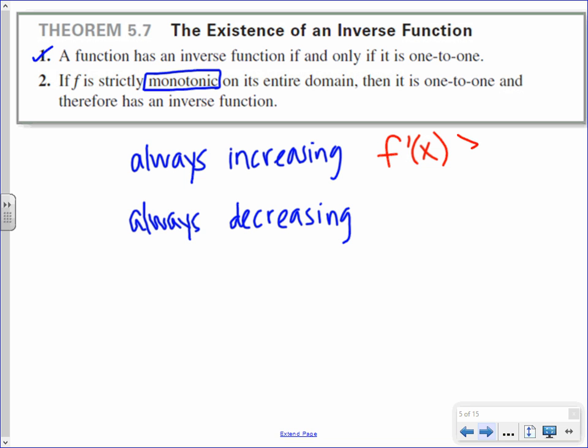If our derivative is positive, then we are increasing. If our derivative is negative, then we are decreasing. So if we can determine that our derivative is always positive or always negative, then we know that it's monotonic.